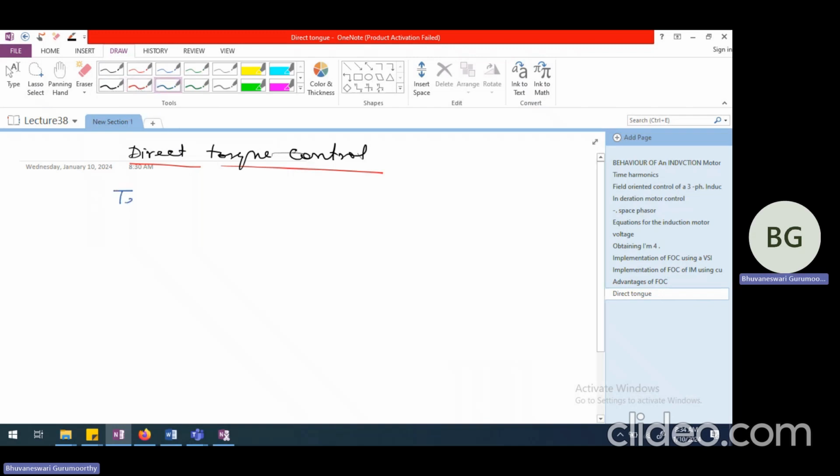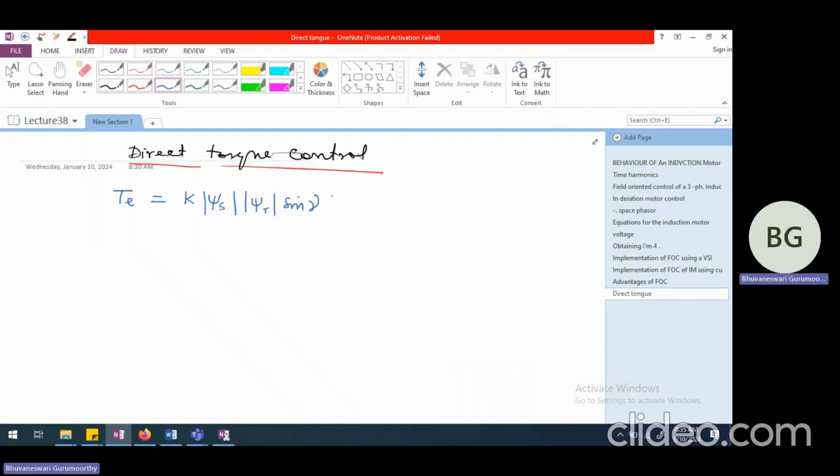The electromagnetic torque of any AC motor drive is given by K times whatever is the flux linkage of the stator side and the flux linkage of the rotor side and the sine of the angle between these two flux linkages, that is, the stator and rotor flux linkages.